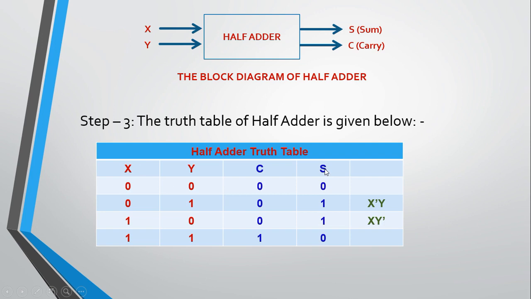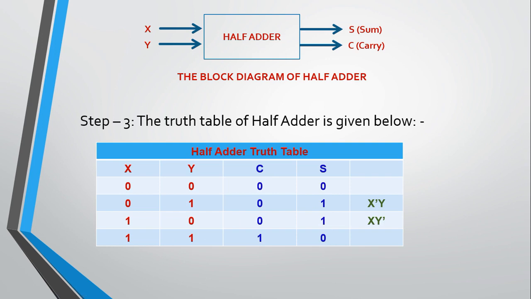So X plus Y means what? 0 0 will return 0, 0 1 will return 1, 1 0 will return 1, and 1 1 in the truth table of X plus Y will return again 1, but it is related to the carry. So always remember one thing, that whenever there is an addition of 1 1, at that time carry would be 1 and sum would be 0.